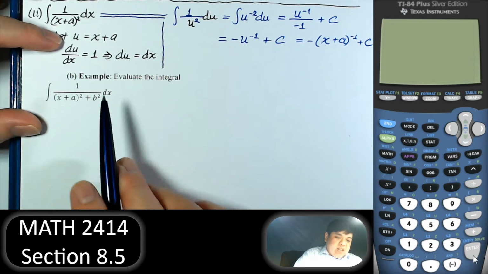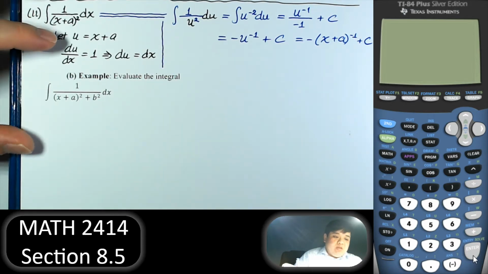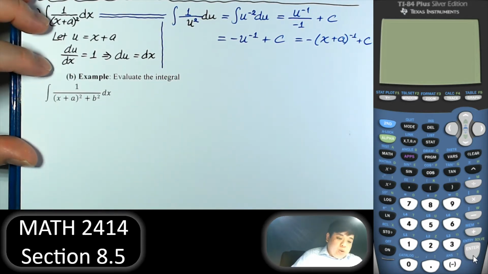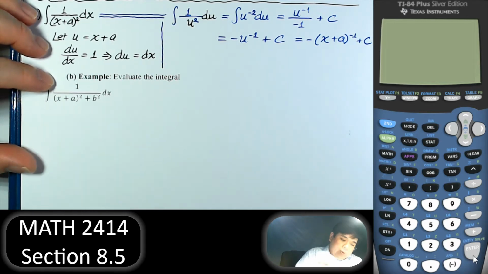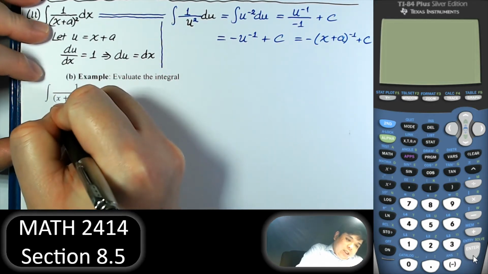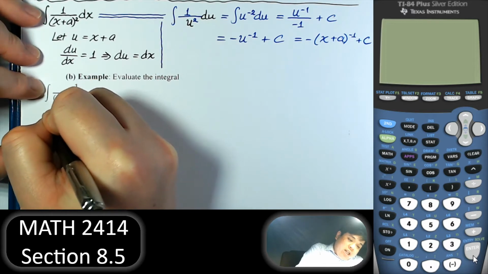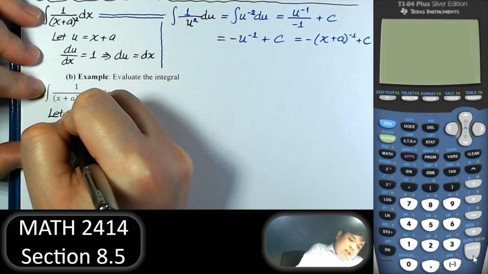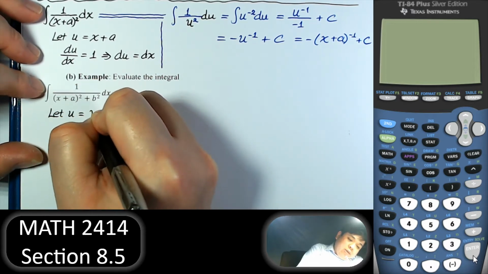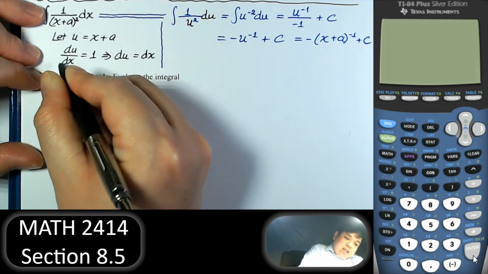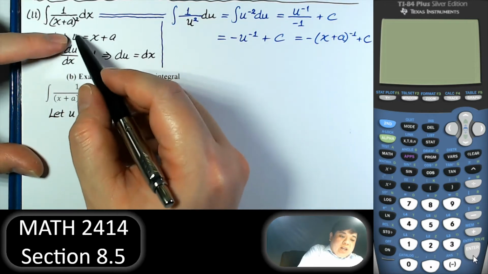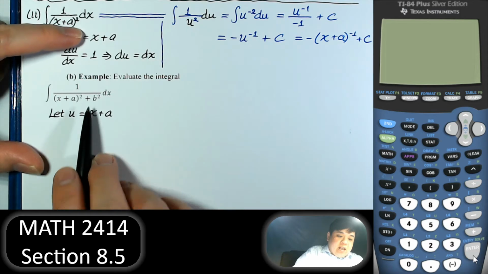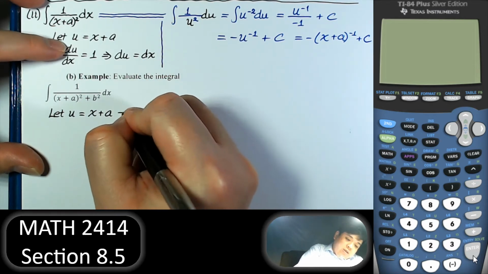So actually there's a lot of substitution, but first let's do the simple substitution, and we call that u. Try to write small because it might take some space. Let u equal x plus a. Same thing here, we already did. If u equals x plus a, then du is dx. We already did that.